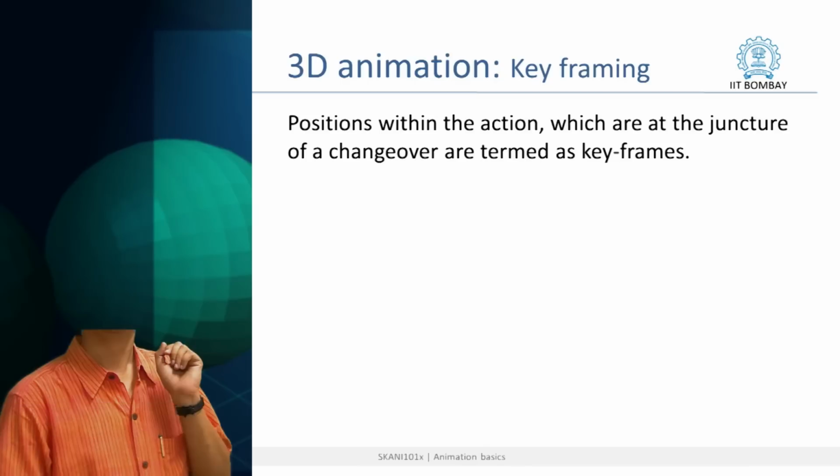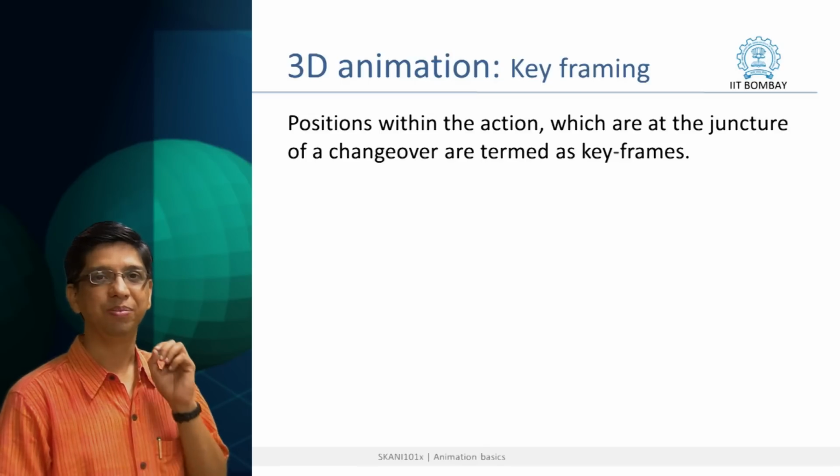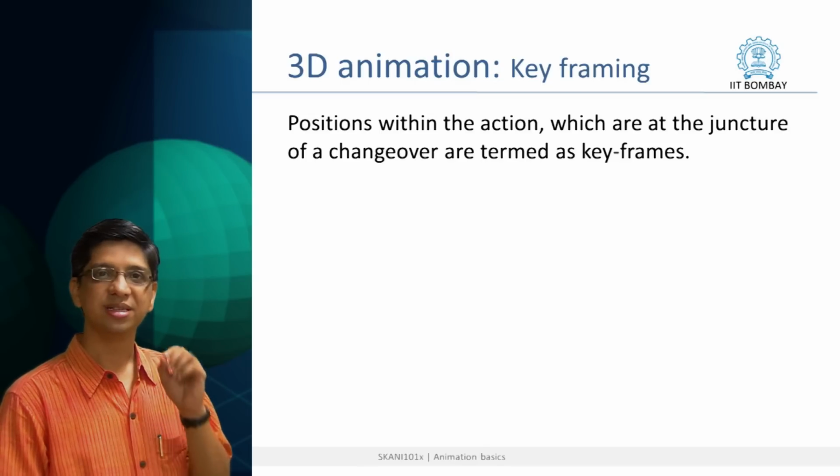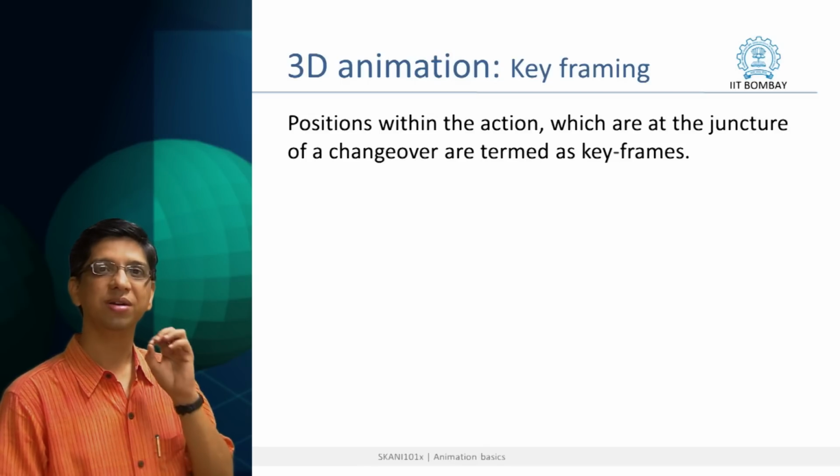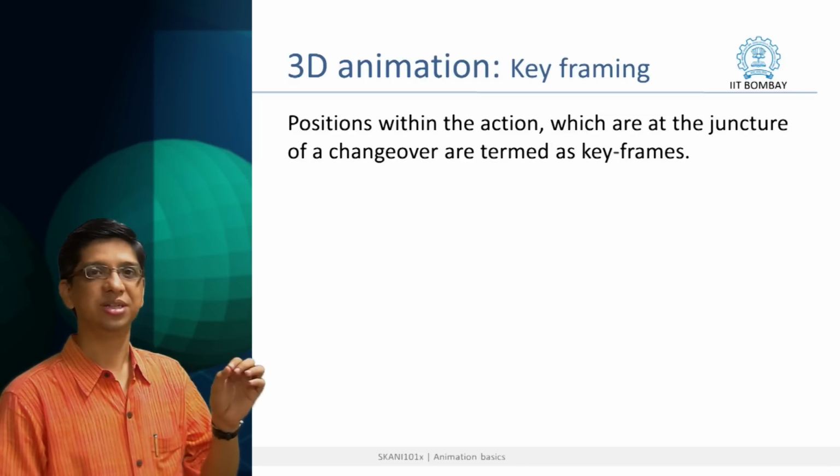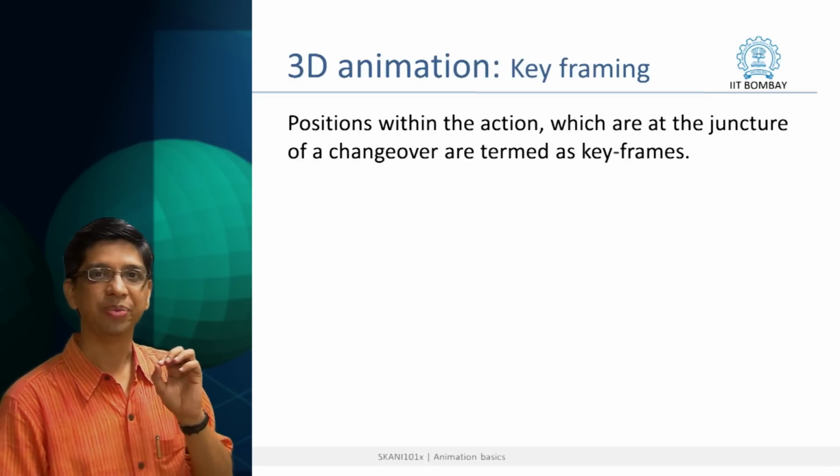But one important term is mandatory for you to remember or understand when we start on this animation process. The term is called keyframe. Now as the word suggests, this is actually the most important frame in a given action, and that is why it is called the keyframe. But you will agree that there is not one important frame in any action.